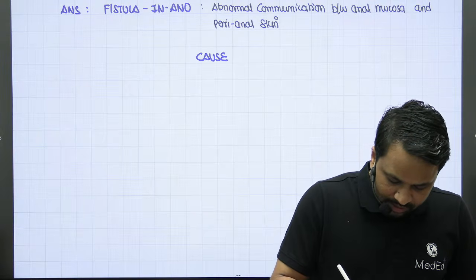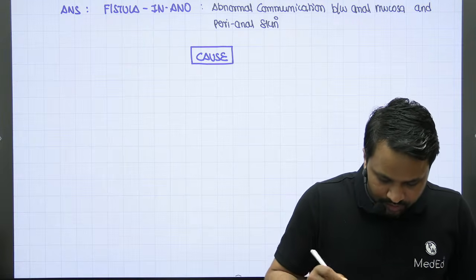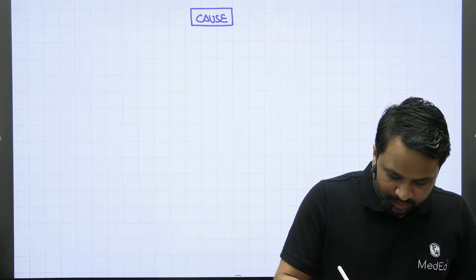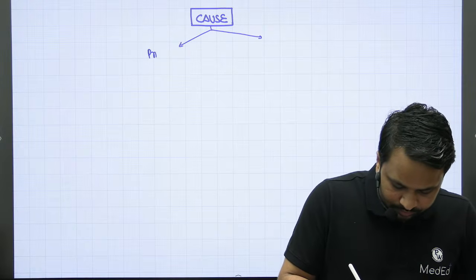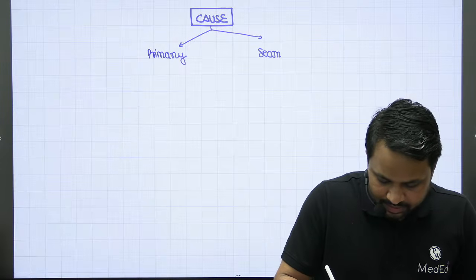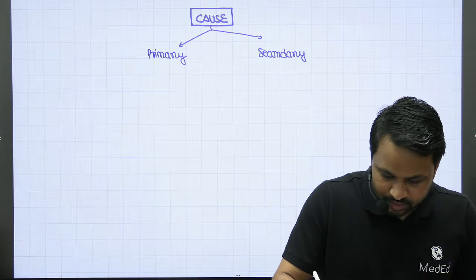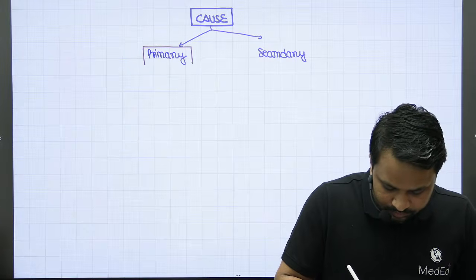Now let's understand what is the underlying cause for the fistula in ano. The underlying cause can be divided into primary cause and secondary cause. When we say the primary cause, there are two important primary causes.